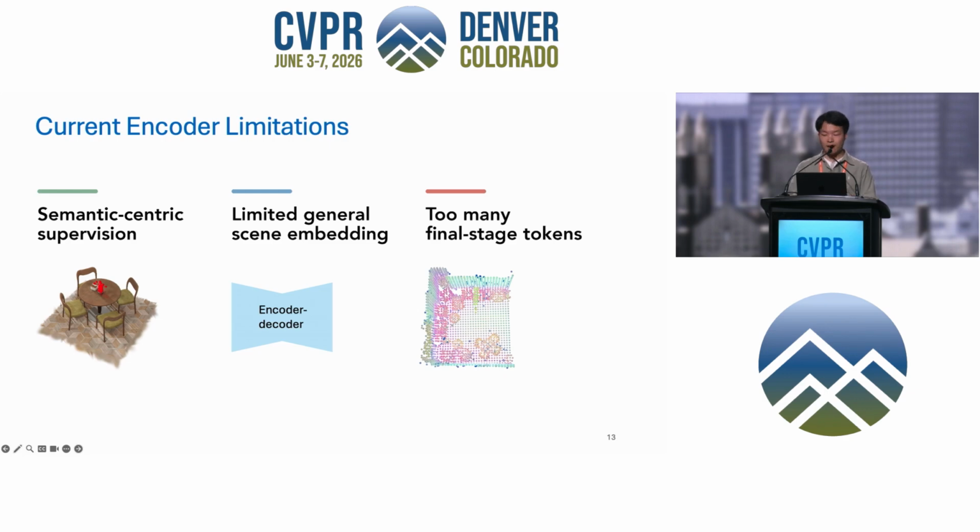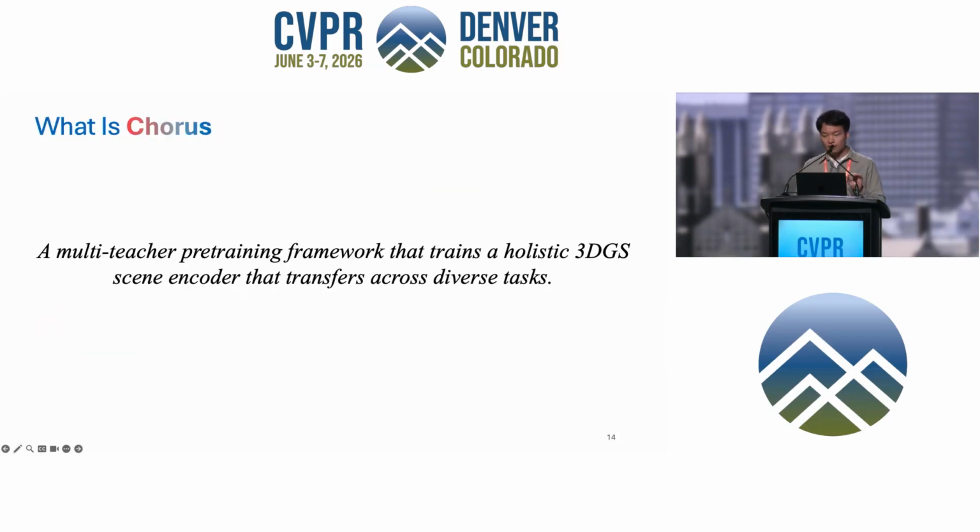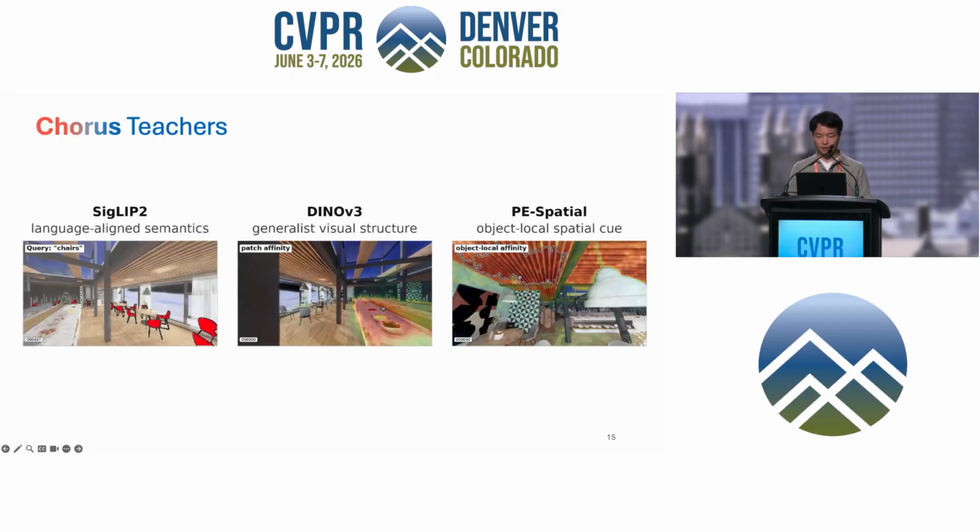Its features are not yet a strong scene embedding, and its encoder often has tens of thousands of tokens at its final stage. Chorus addresses this by using the multi-teacher framework, pursuing a holistic 3D scene encoder that transfers across different tasks, not only segmentation.